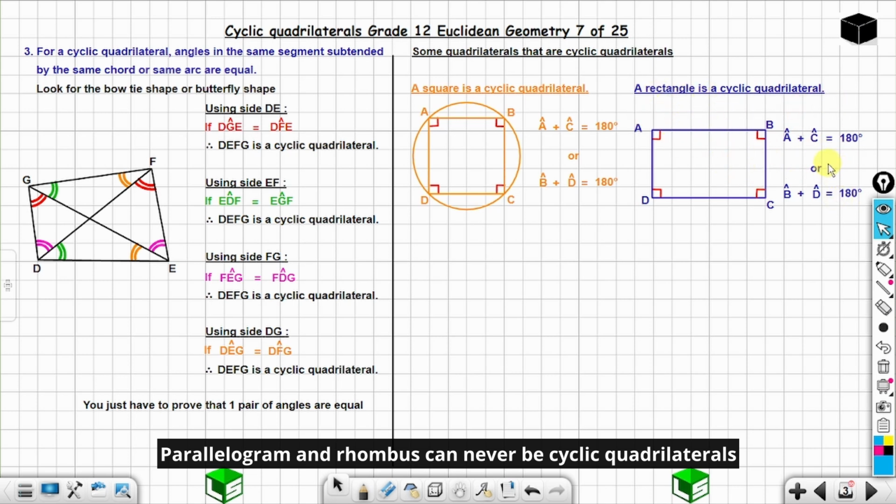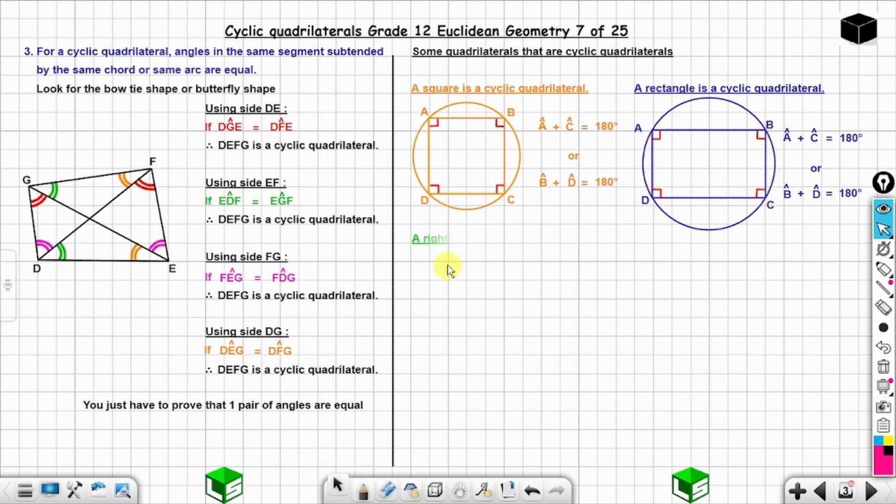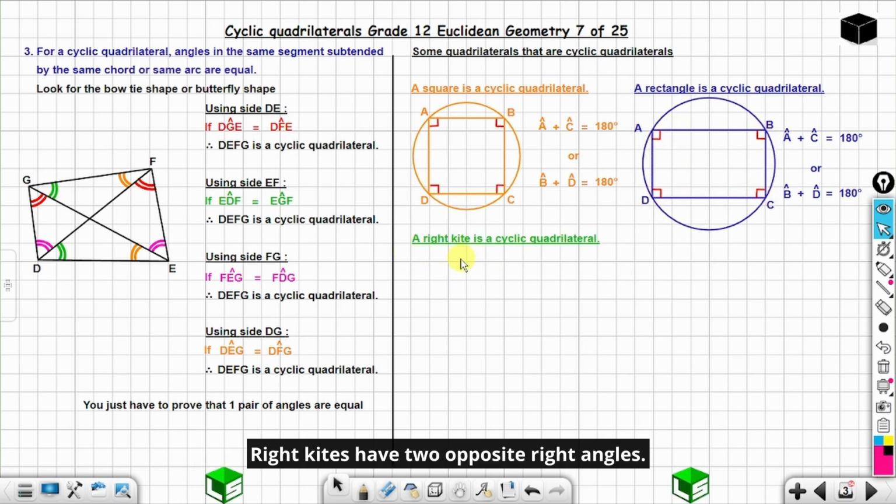We have proved a circle can be drawn around the rectangle such that all four corners are going to be touched. And we also have a right kite. A right kite is a cyclic quadrilateral. In a right kite, you have a pair of right angles opposite to the longer diagonal.